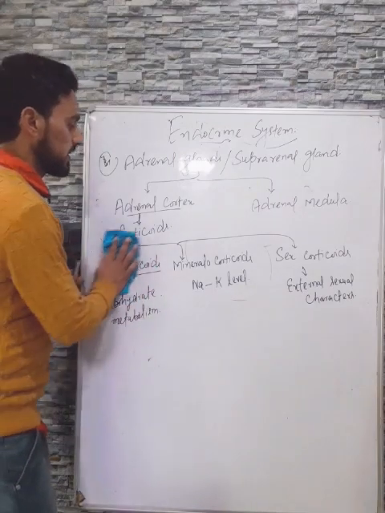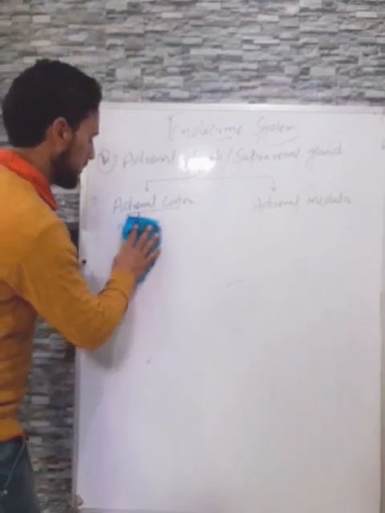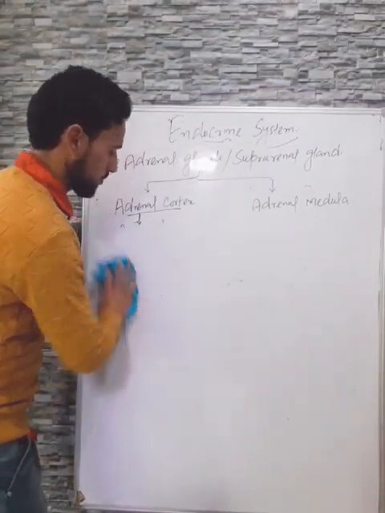After that, the hormones of the adrenal medulla. The adrenal medulla secretes two types of hormones.